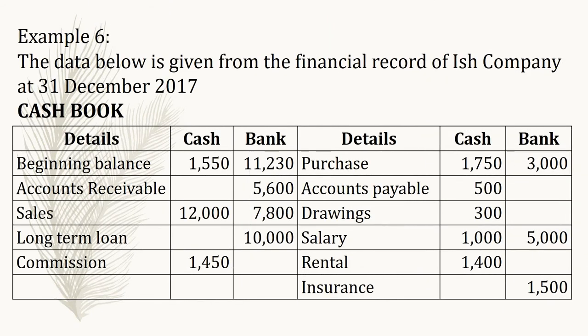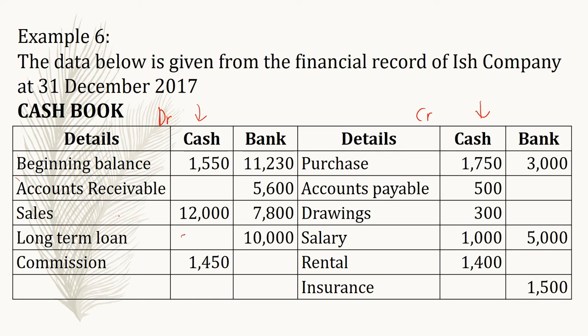Alright, so we look at example 6. This is the cash book for each company as at 31st December 2017. This is the debit section, and this is the credit section. So these are all your receipts and these are all your payments.